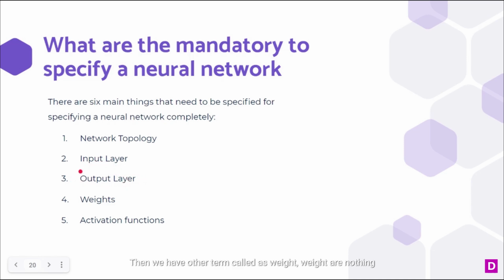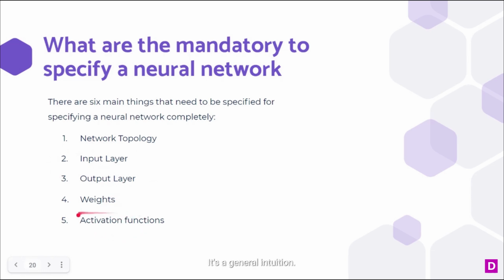So it is essential to define what the input layer is about and what the output layer is about. Then we have another term called weights. Weights are nothing but the importance of each input signal to a given perceptron. If the weight associated with a particular input signal is high, then that input signal matters a lot.